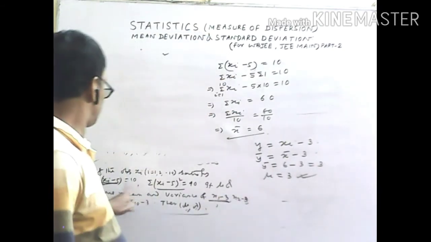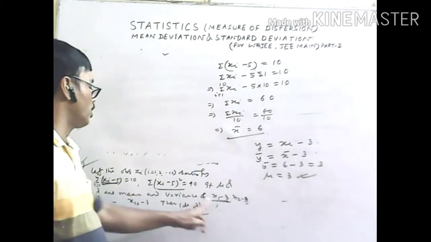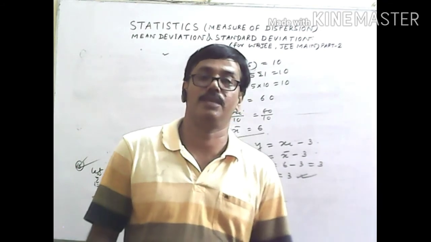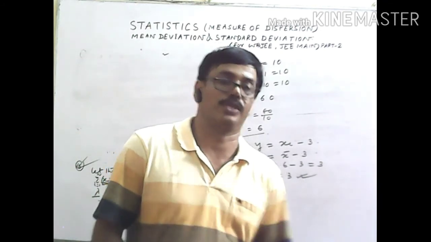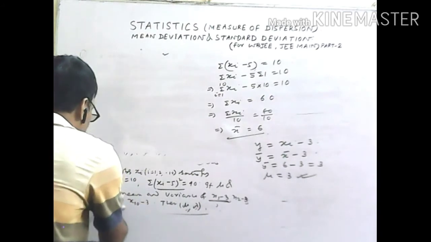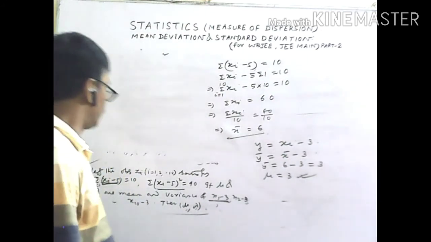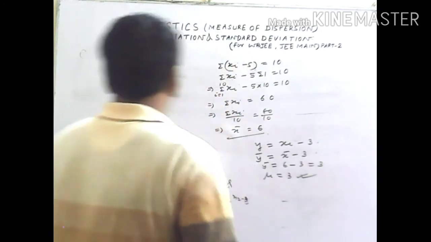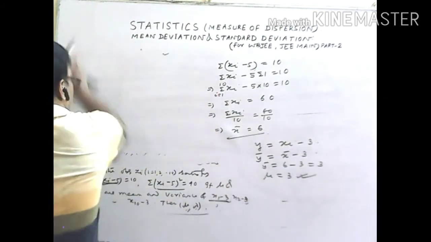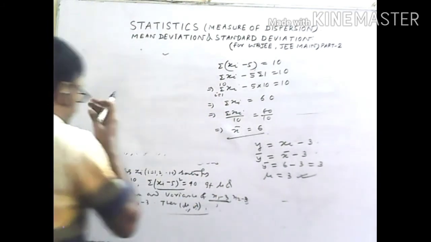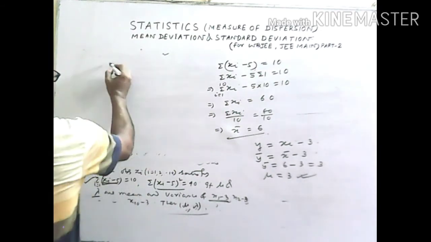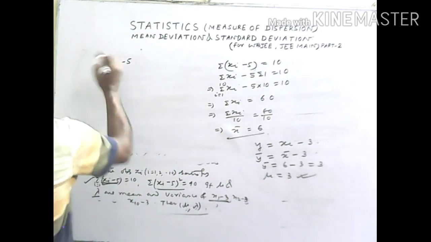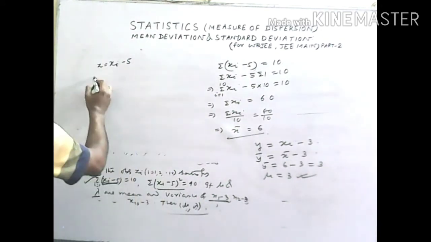Here the origin is shifted from xi minus 5 to xi minus 3, and we know standard deviation is independent of change of origin. So if we calculate the standard deviation of the first series, the standard deviation of the second series will also be the same. So what is the standard deviation of the first series? Look, if we calculate xi minus 5, suppose this is z. So what is sigma z?